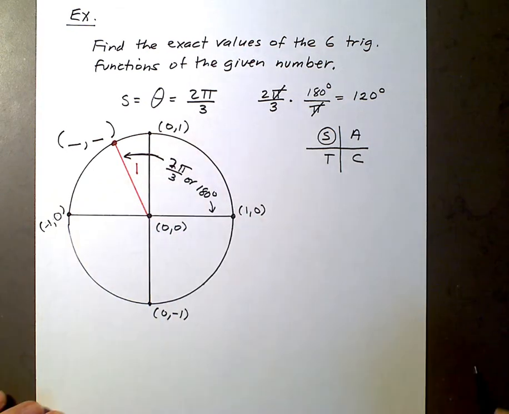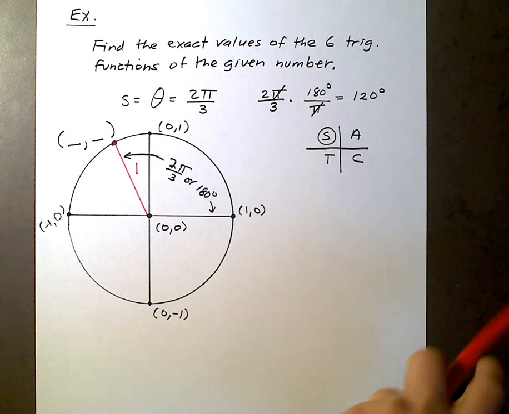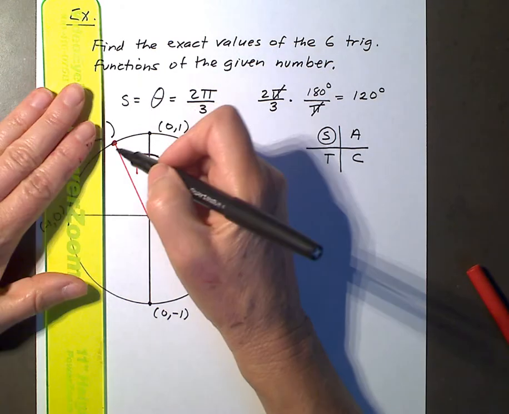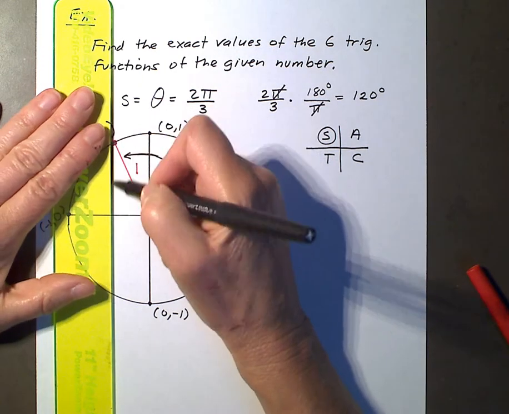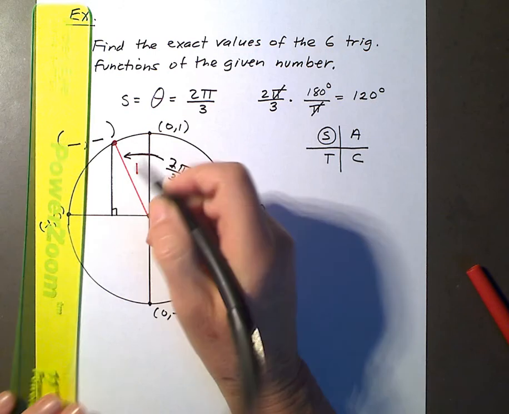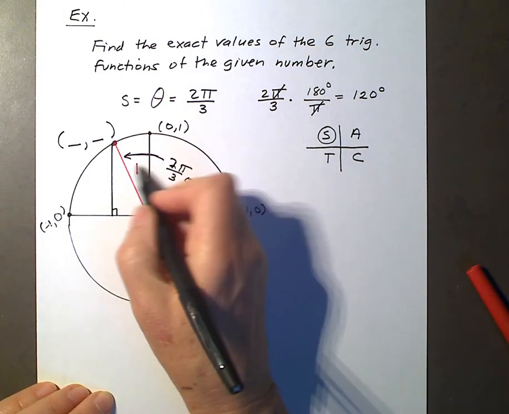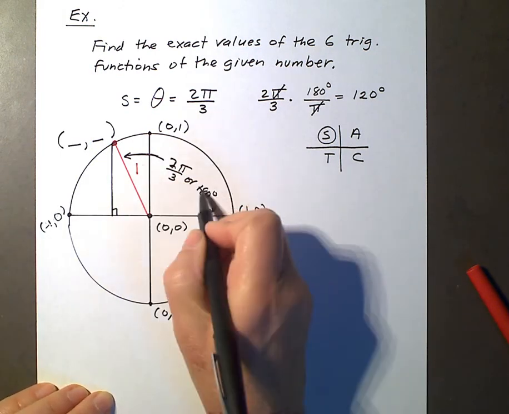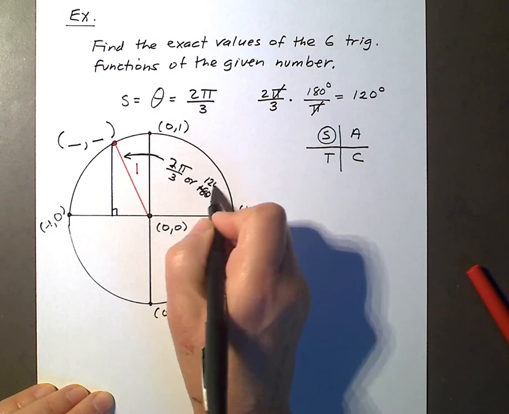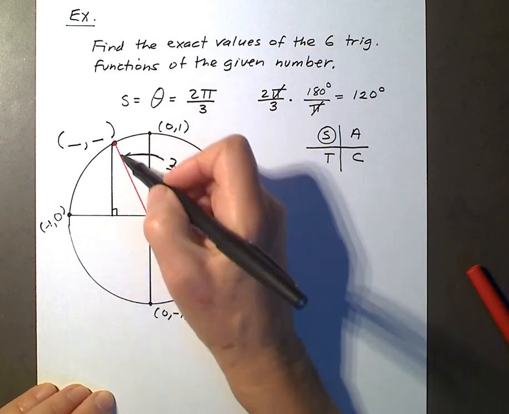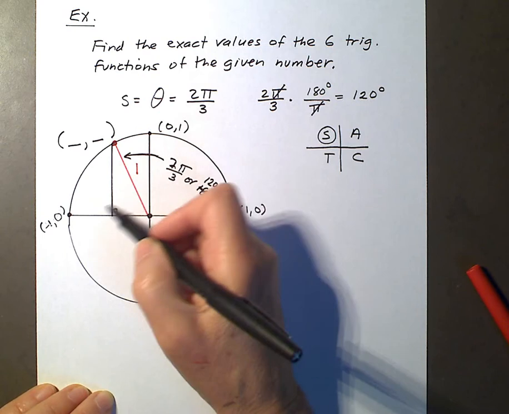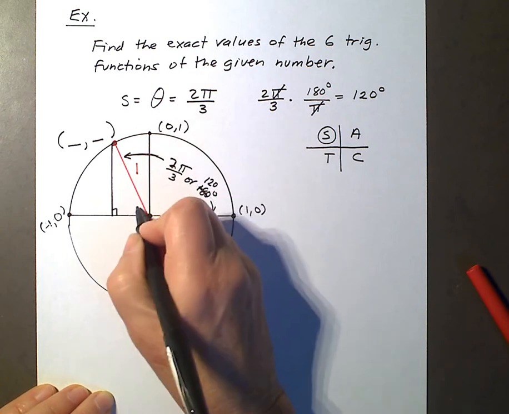So again, this whole thing is 2 pi over 3. So what we know is that when we draw the little reference triangle, oh, I'm sorry, this isn't 180, this is 120 degrees. If this is 120, then the reference angle down here must be a 60 degree angle.